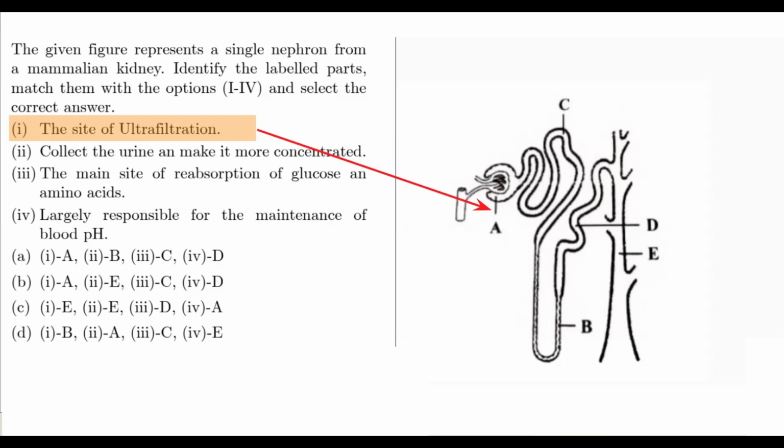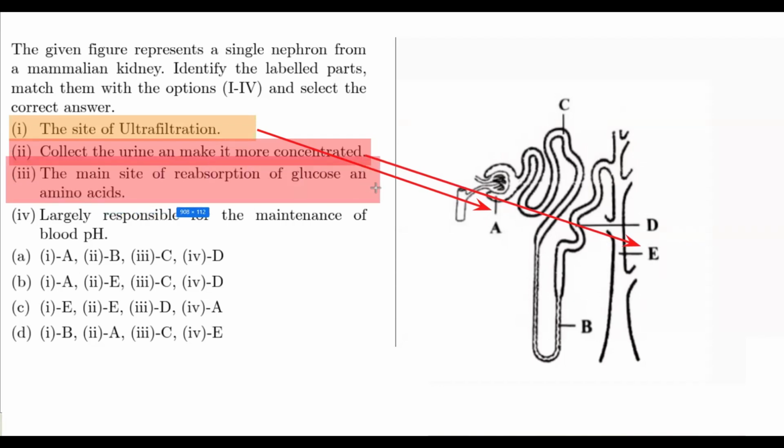Now, if I check the next one here, the second one is collecting the urine and making it more concentrated. That has to be the collecting duct, and the duct here, I can see it is marked as E. Right, this is E here. Now, next is the main site of glucose reabsorption.